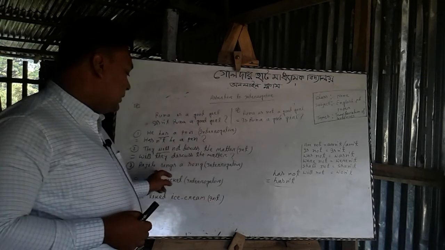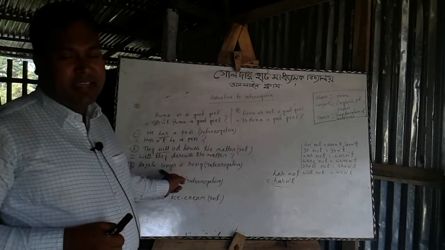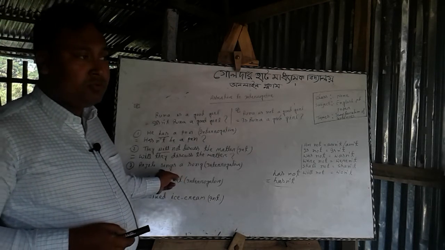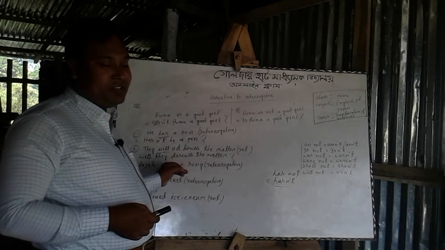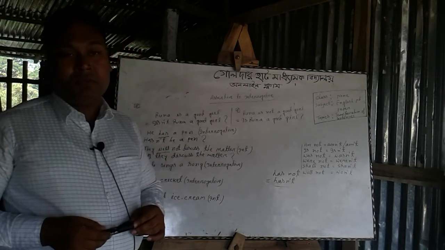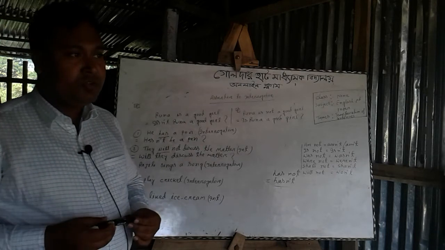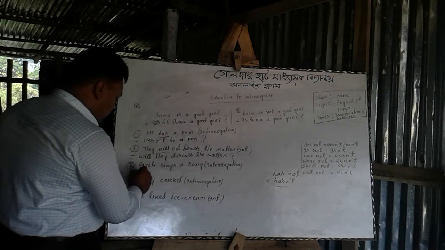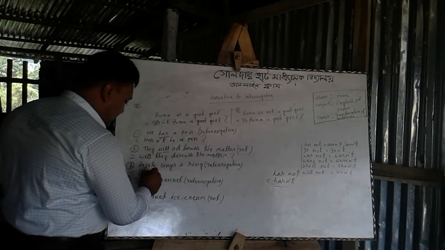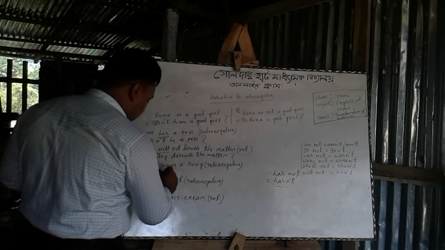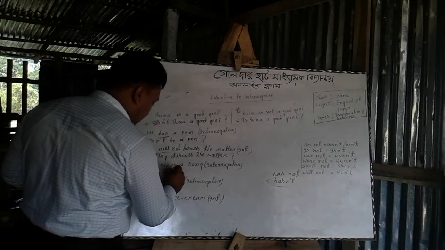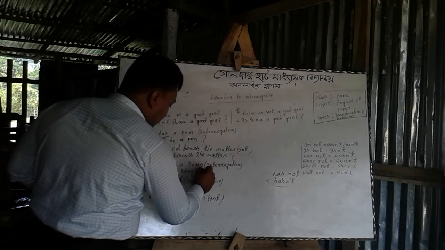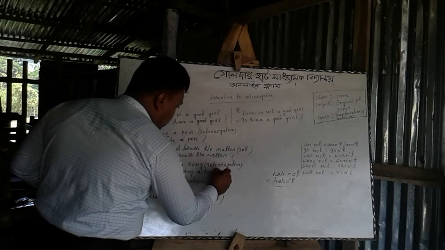So here Rajiv is third person singular, so we will have to write doesn't before Rajiv to transform this sentence into interrogative. So its interrogative will be: doesn't Rajiv sing a song?